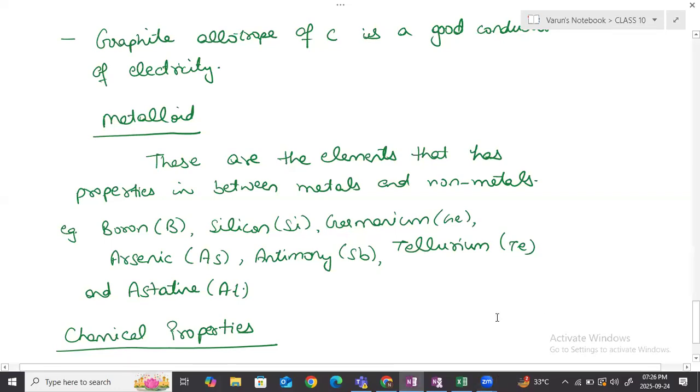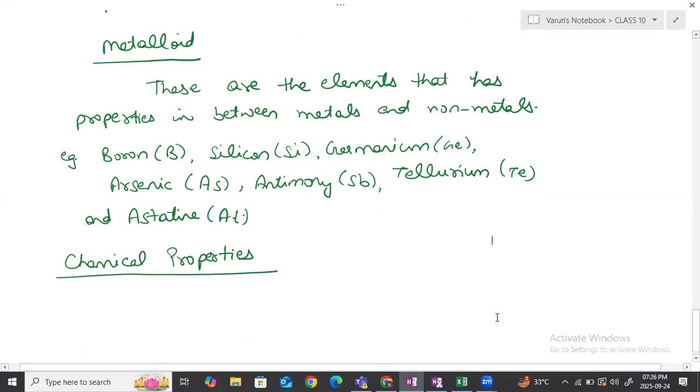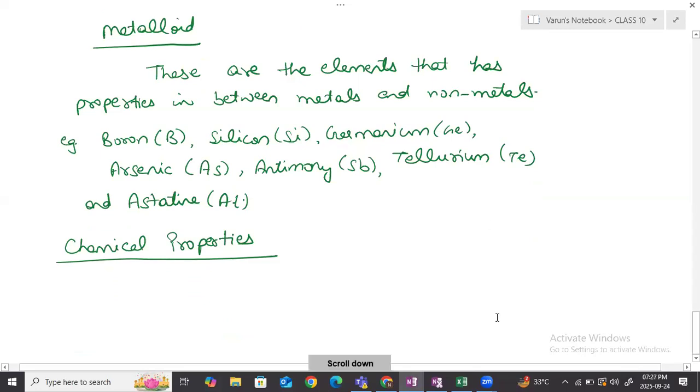Okay. Now move to the chemical properties of metals. The first property that we will discuss is how the metals react with oxygen, or how the metals react with air. In the air, we have the major constituent as oxygen.